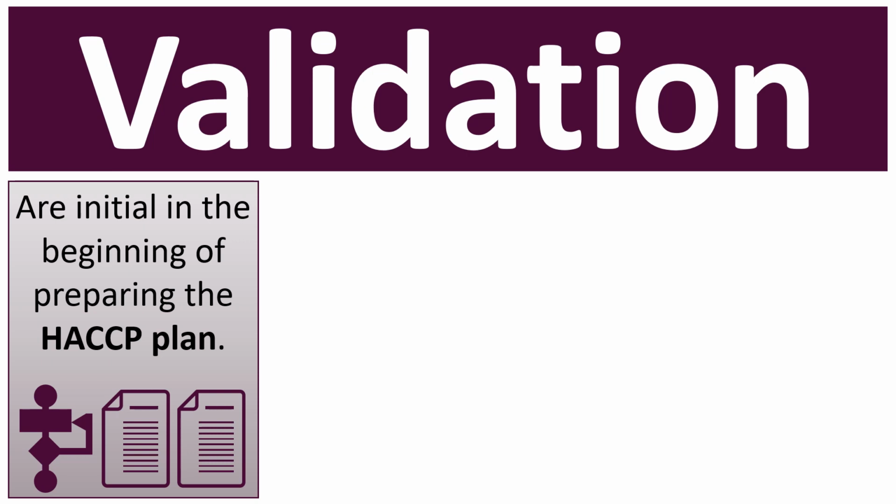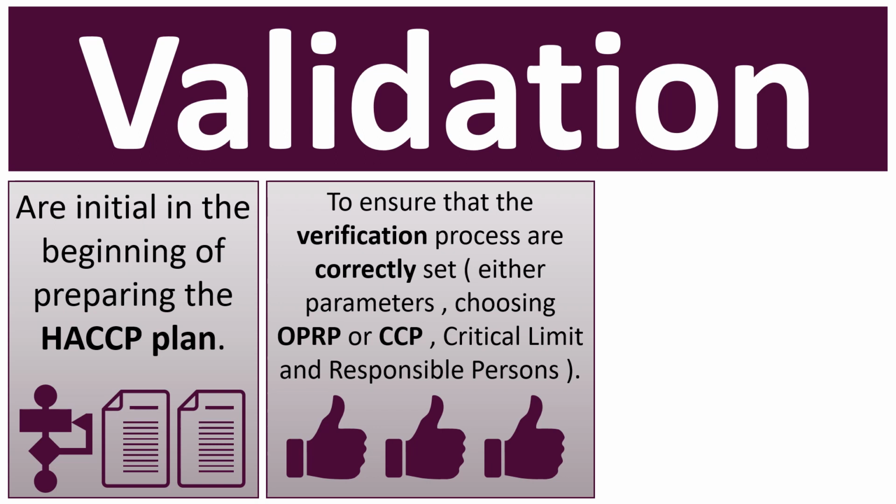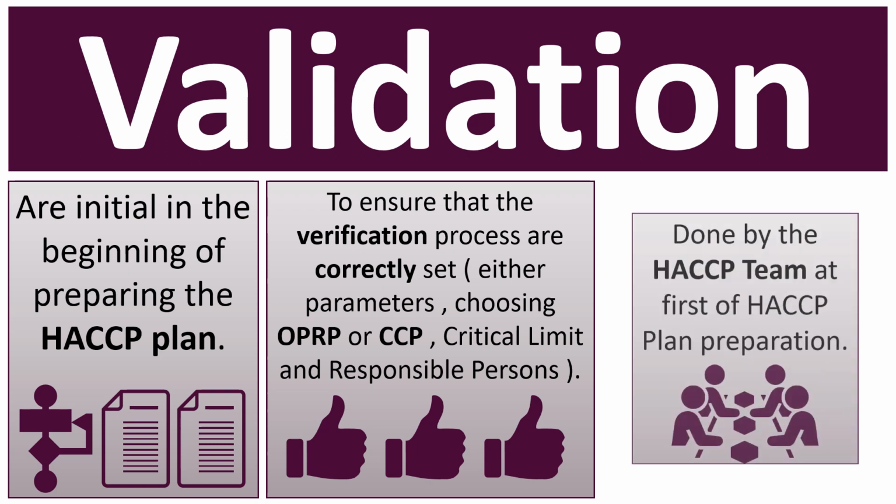So the validation puts the main rules and the verification verifies that I am continuing to follow the validation rules. Also, the validation is used to ensure that the verification process is correctly set. Parameters, choosing OPRP or CCP, the critical limit and responsible persons, all of this is ensured by the verification, but the one who puts the rules is the validation process.